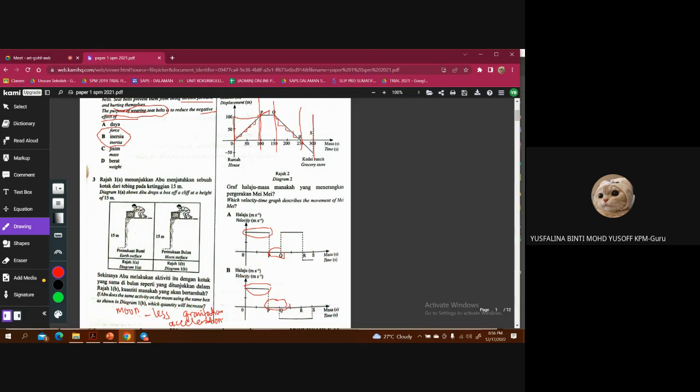Negative means opposite direction, right? It's downward. If you learn maths, if the graph is downward like this, the gradient is negative. So the velocity is negative.